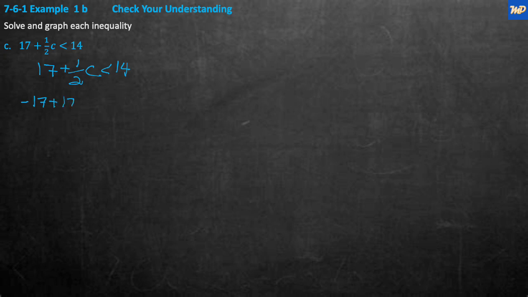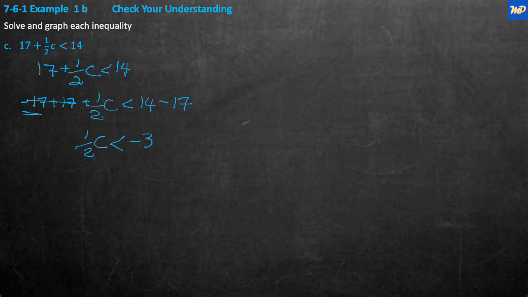Minus 17 on both sides. These cancel. We get 1/2 C is less than 14 minus 17, which is minus 3.